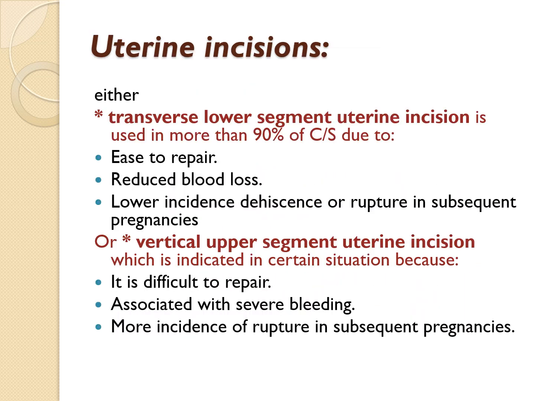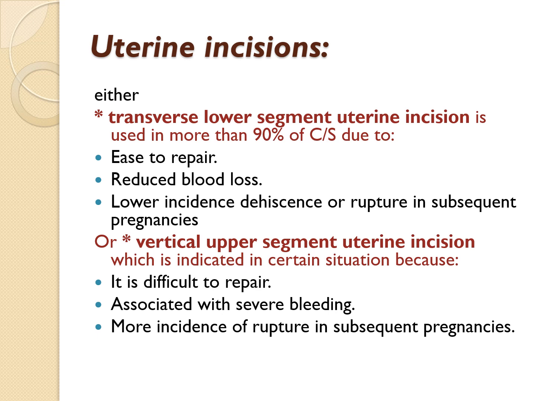Regarding the uterine incisions, there are many types. Either transverse lower segment uterine incision is used in more than 90% of cesarean sections due to easy repair, reduced blood loss, and lower incidence of dehiscence or rupture in subsequent pregnancies.